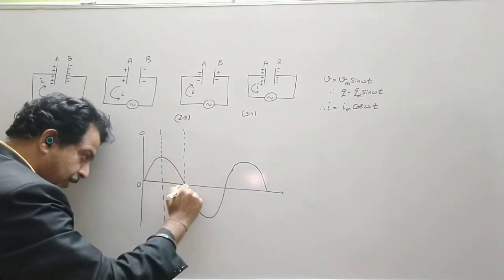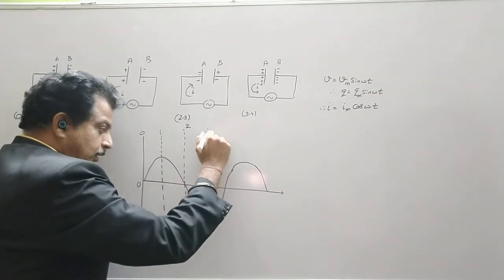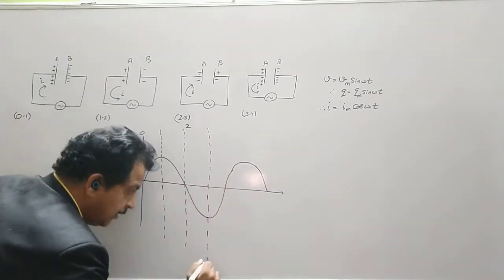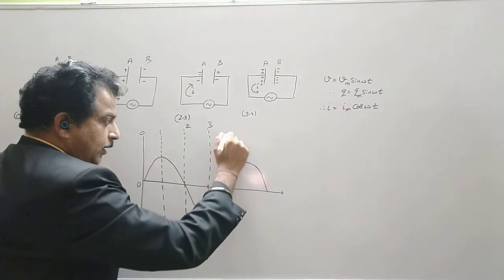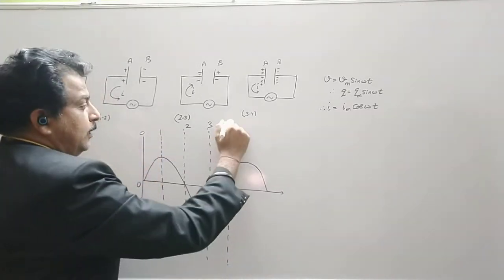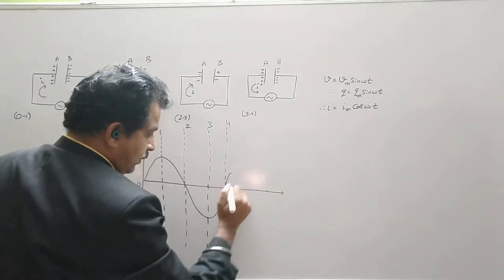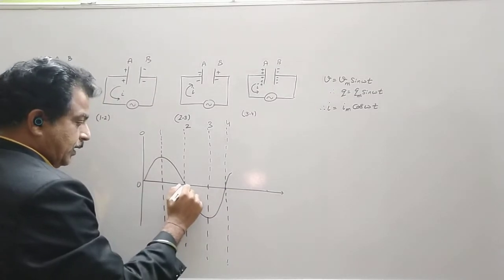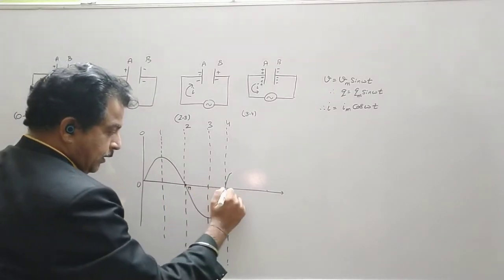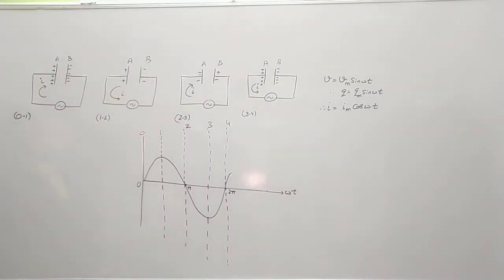Then we have the region 1 to 2, then the region 2 to 3, and the last is the fourth. So this is one complete cycle. This is your pi, and this is your 2 pi. This is omega t.